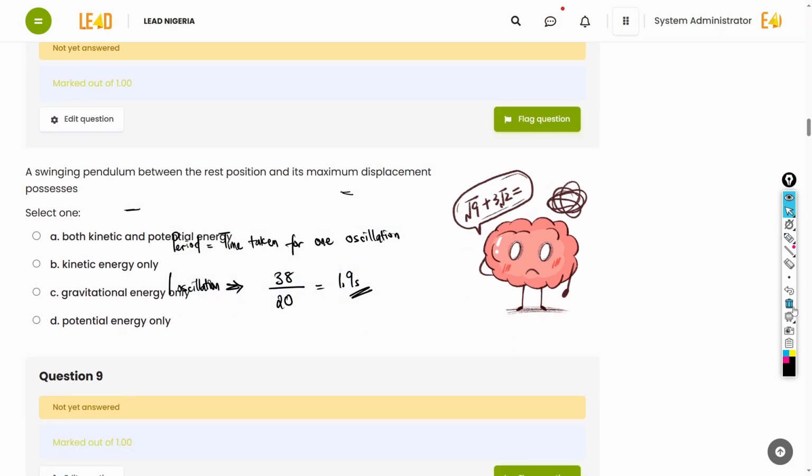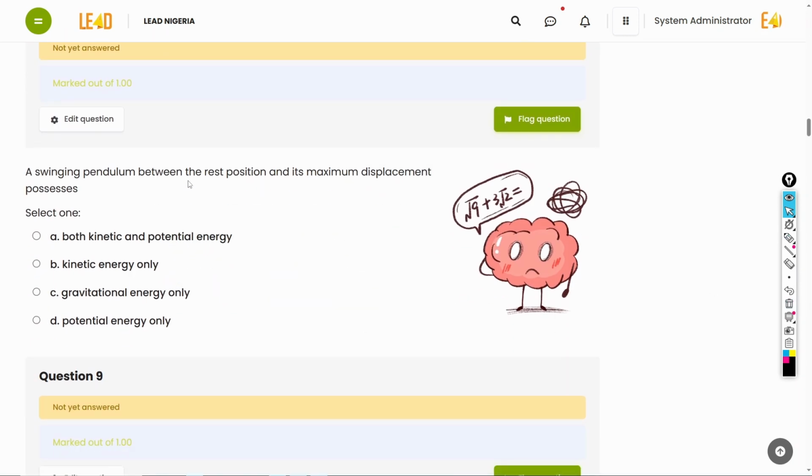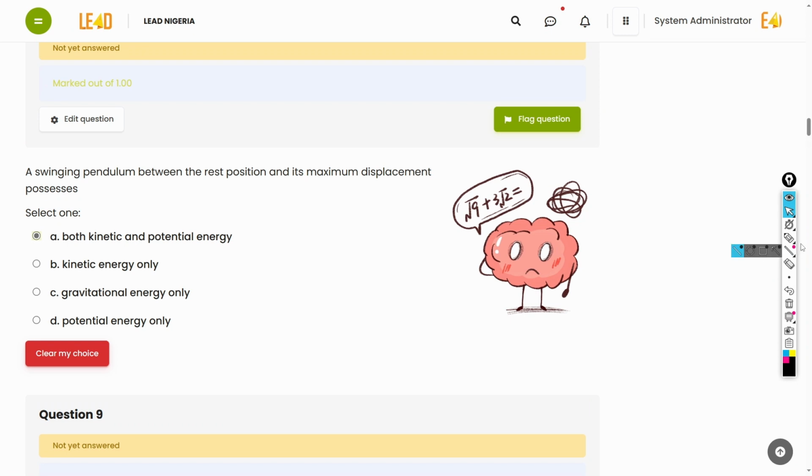Question 8. A simple pendulum between the rest position and the maximum displacement possesses what? So the correct answer is that between the rest position and the maximum displacement, it possesses both kinetic and potential energy. And here's why.